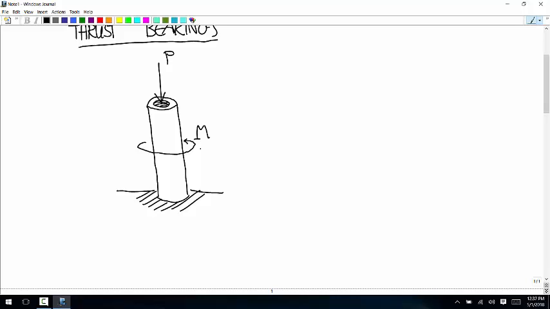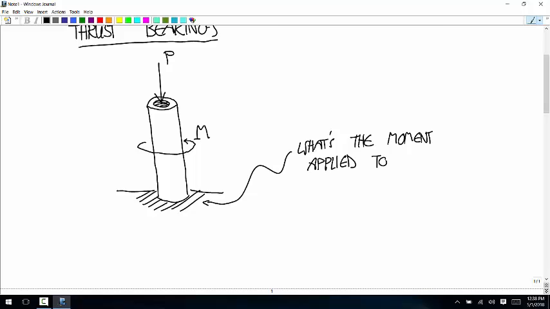And so we are going to figure out how to calculate what's the moment applied to the tube by friction?